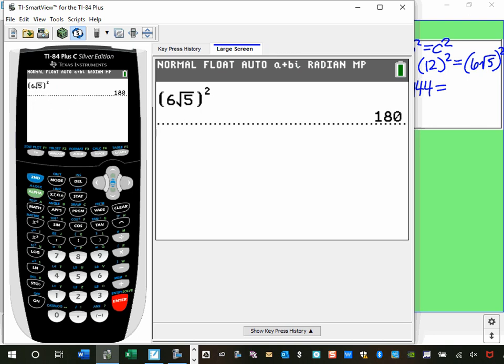Is anyone in class getting 180? Yeah, if you get 30, let me know. Okay, so after the first parentheses after 5, put another parentheses and then do square. So do square root, first parentheses, 6, square root, 5, parentheses, parentheses again, and then square.